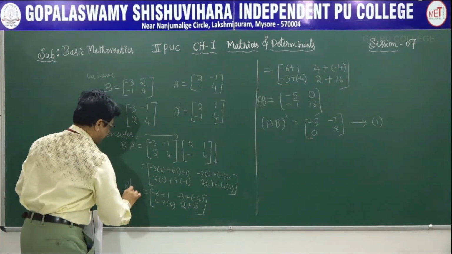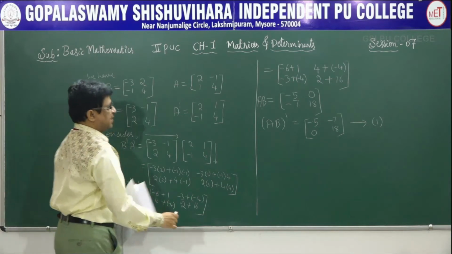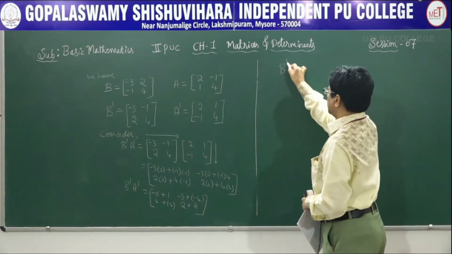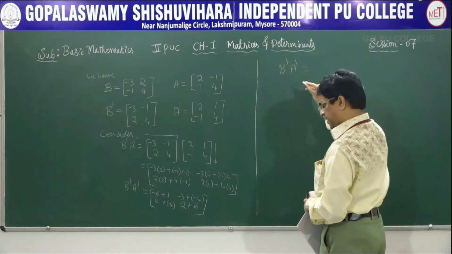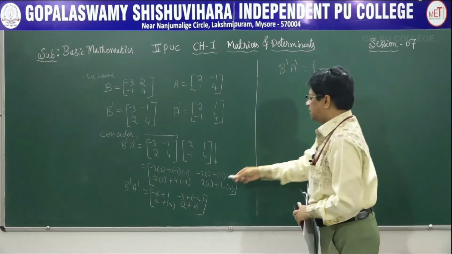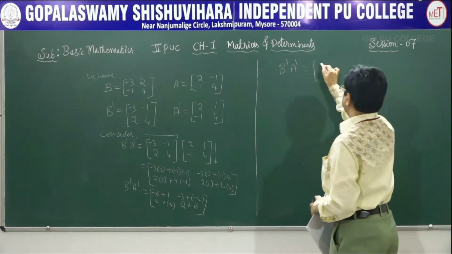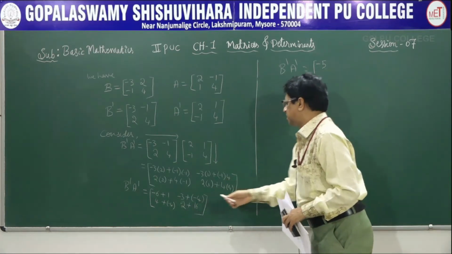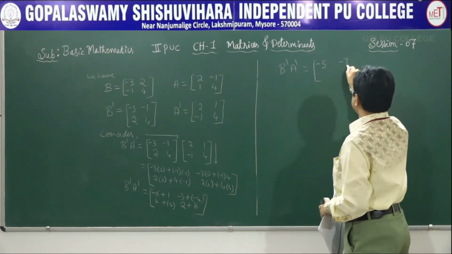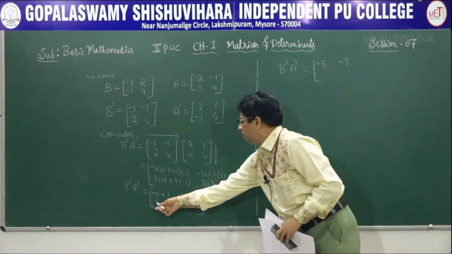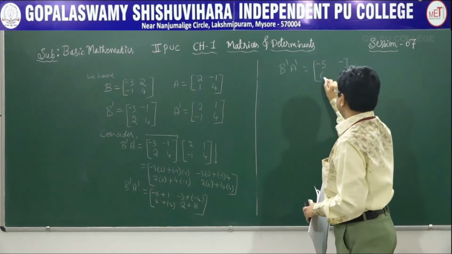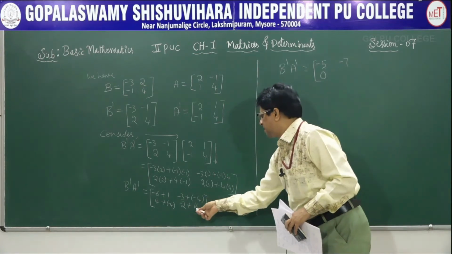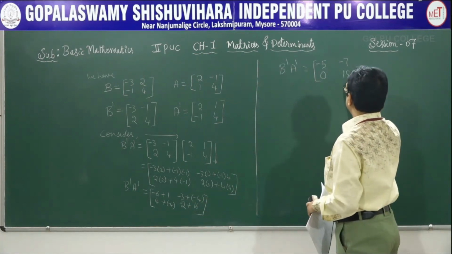So this is B'A'. So B'A' will be equal to minus 6 plus 1 is minus 5, minus 3 plus minus 4 minus 7, 4 minus 4 0, 2 plus 16 18.